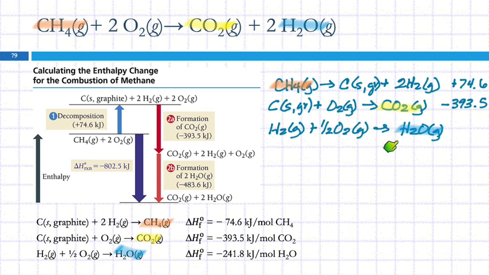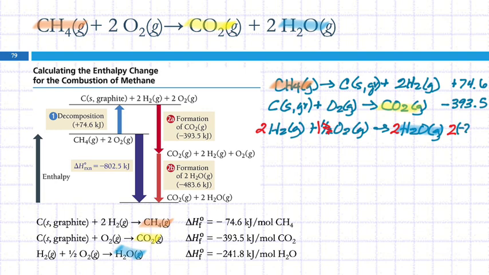No. This is 1, and I need it to be 2, so I'm going to multiply everything there by 2. So I'm going to get 2 hydrogens and 2 water molecules, and when I multiply 1/2 by 2, I get 1, right? So then I'm going to have 2 times the delta H.